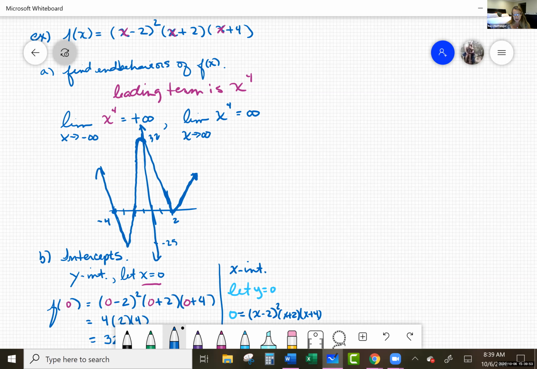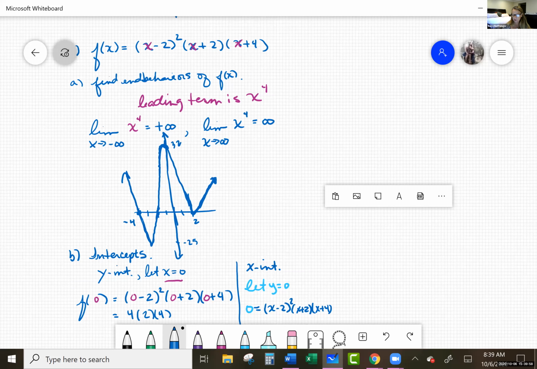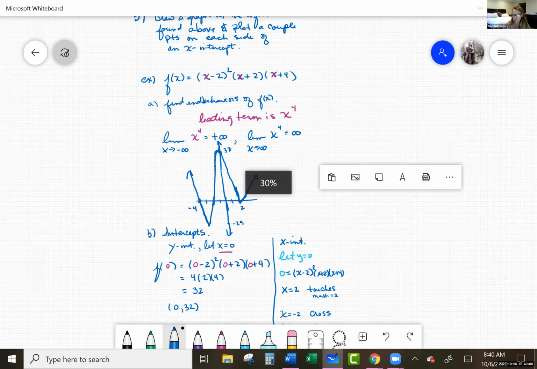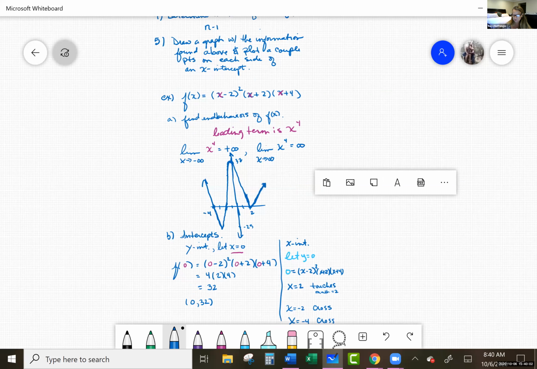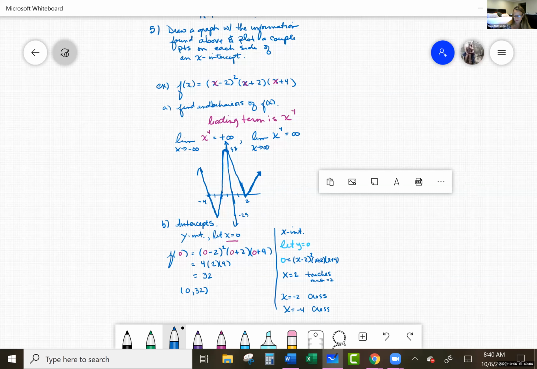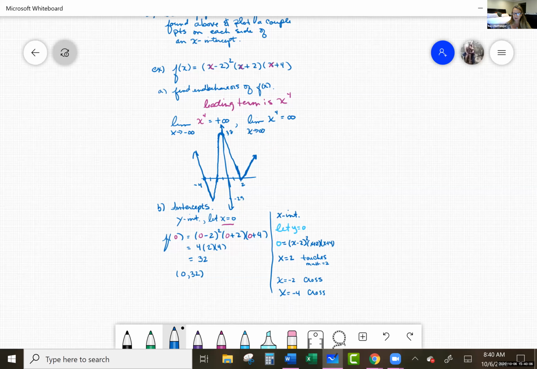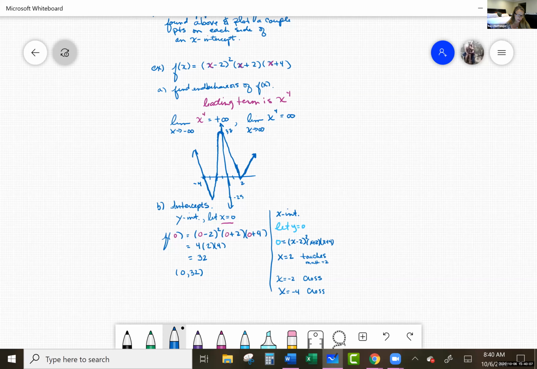Okay, so we got a general sketch of what that looked like by the tools we learned from the other section. Any questions on that?